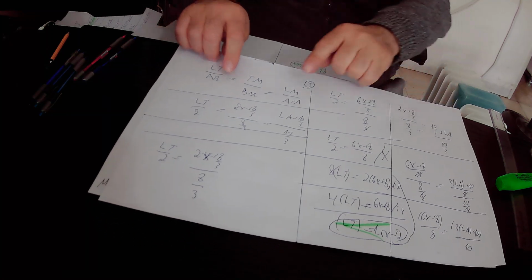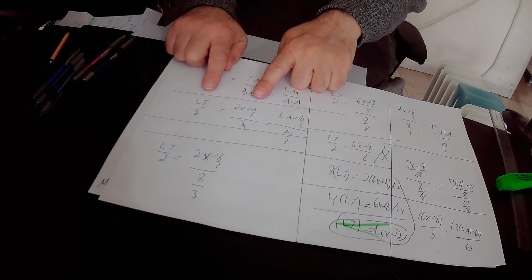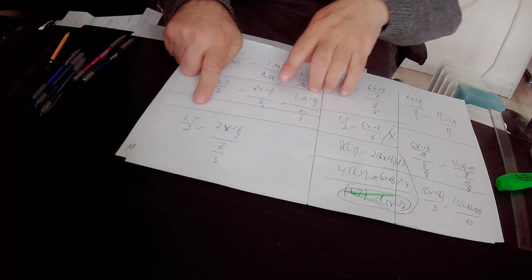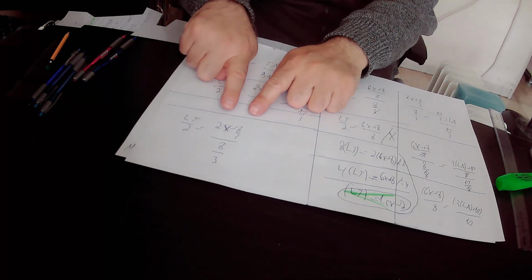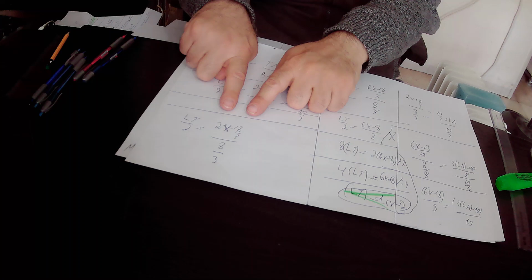So here we created this long equation. We created the first equation from those two ratios that are equal to each other. According to the first equation, LT over 2 equals 2x plus 8 over 3, over 8 over 3. In this equation we have 2x plus 8 over 3. Here we multiply 2x by 3 and then divide by 3 in order to clear the fraction with 8 over 3.